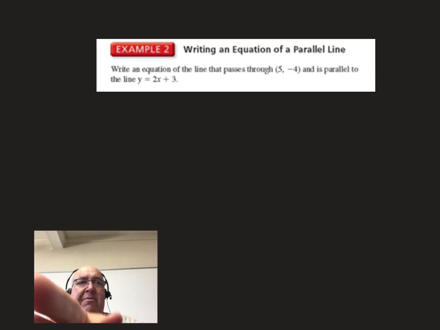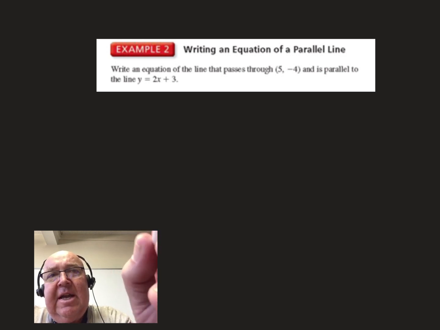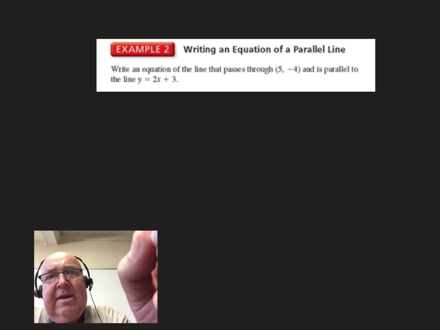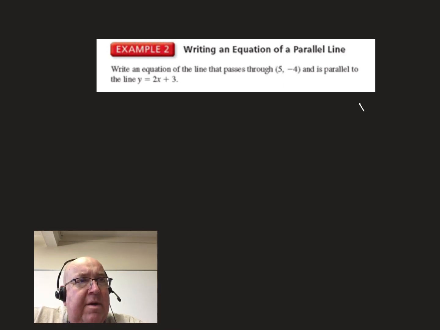Alright, so we're going to be writing equations of parallel and perpendicular lines. This goes back to some of the skills that we try to build of solving equations. So we know that the slope-intercept form of a line is mx plus b.